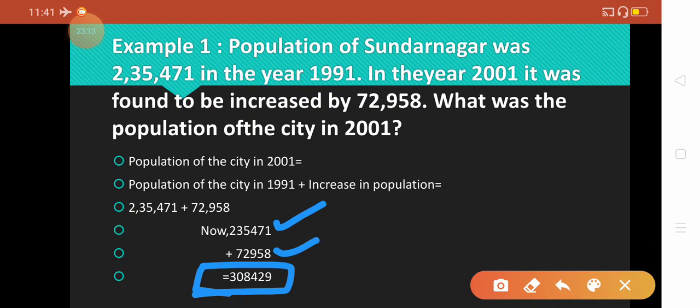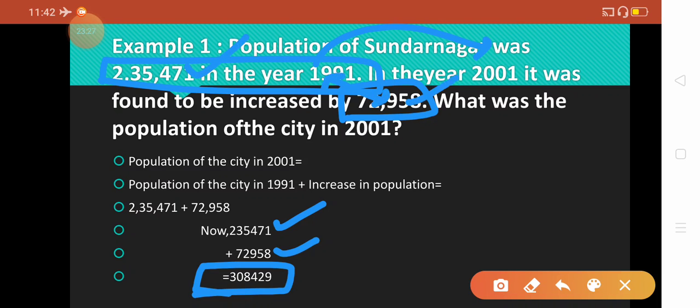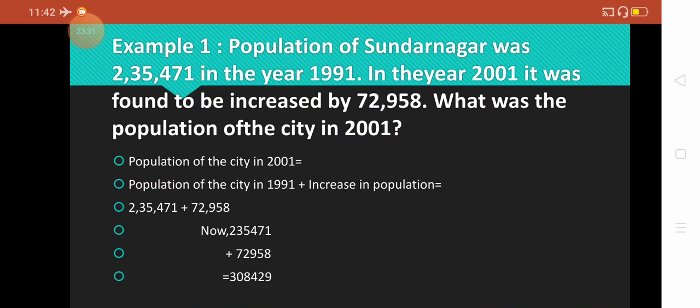This is the population in 1991. Until 2001, it will increase by 72,958. So the total population we will get by adding these. We have 5 chocolates. Your friend gives you 2 chocolates. Total chocolates you have 5 plus 2, 7. In the same way, we will add these two values.